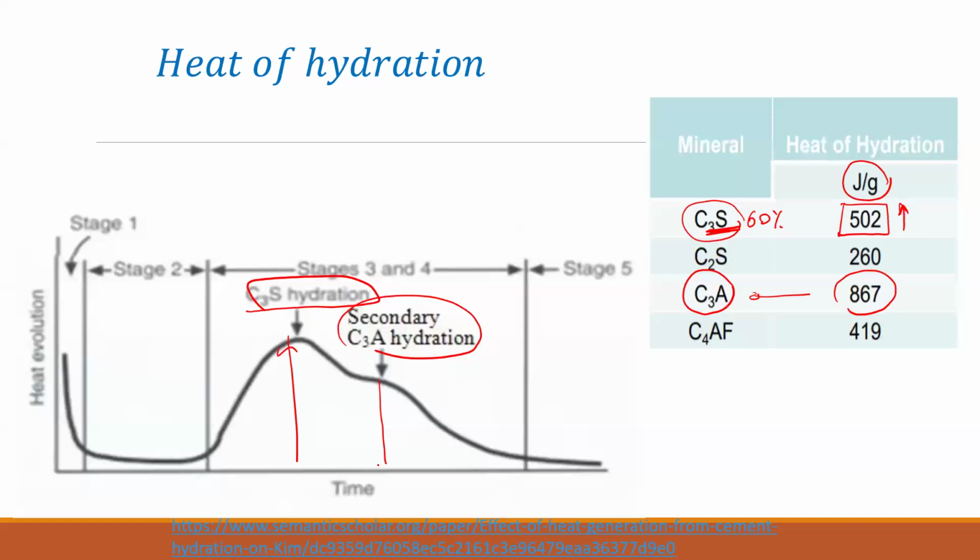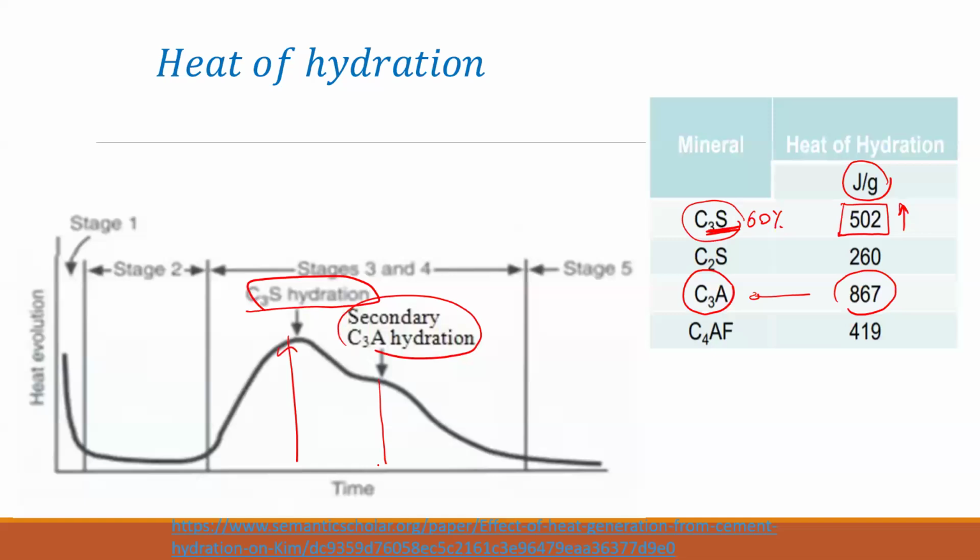If we have these huge temperature differences in a mass concrete, due to these thermal expansions and contractions, and also because the outer surface hardens quickly while the inner material hardens slowly, there can be thermal cracks.